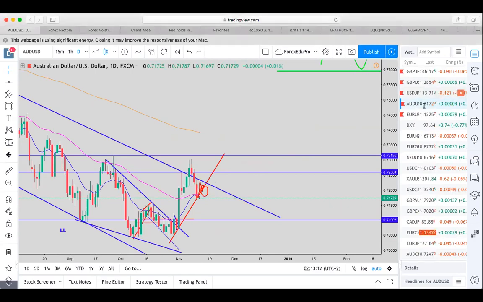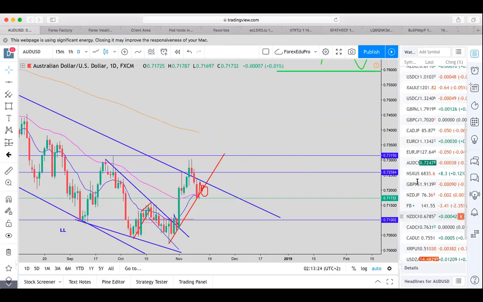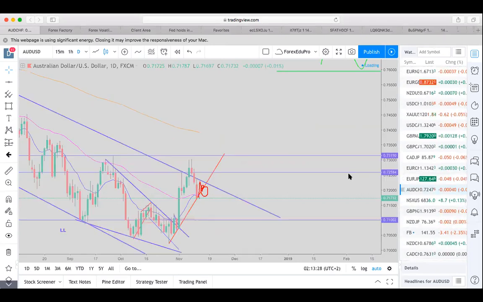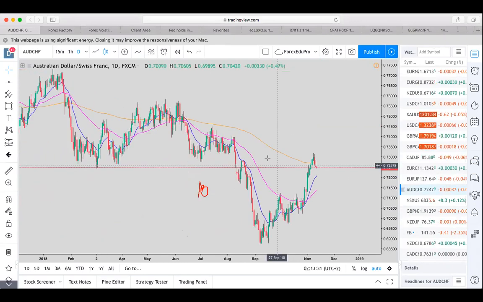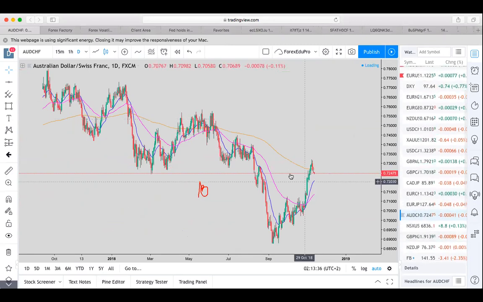I'm going to go now and I'm going to analyze a blank graph for everyone as if it was you that was analyzing this graph. So let's look at Australian dollar, Swiss franc. I don't really like the safe haven pairs because they're very, very slow moving pairs.